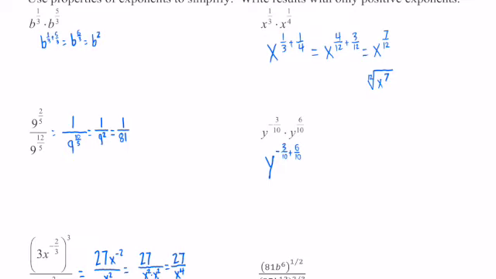In this case, they already have the same denominator. So we just calculate negative 3/10 plus 6/10, and our answer is y to the 3/10. And this is a perfectly good answer. If you were asked to write it in radical notation, you could, as the 10th root of y to the 3rd.